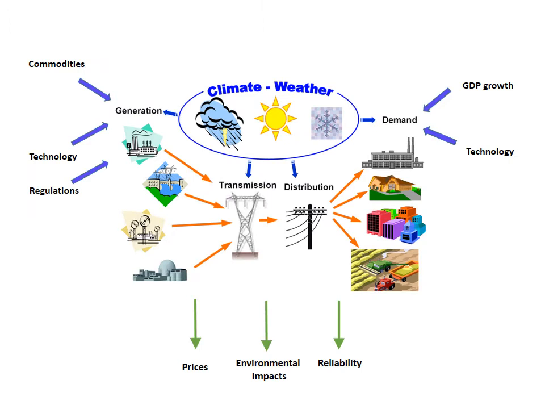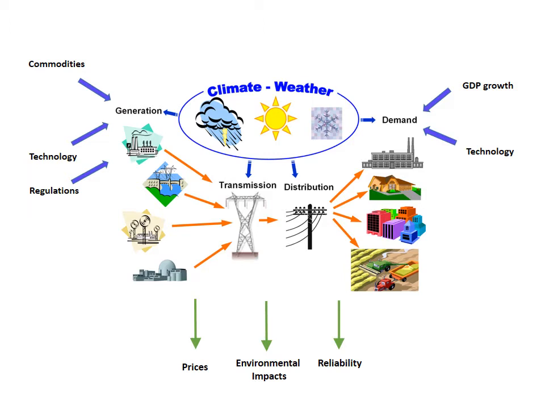So let's go back briefly to this figure that I've shown before, which just illustrates the complexity of electric power systems, not just on the physical infrastructure side of things, the relationship between generation and transmission and distribution and consumers or electricity demand, but also how macroeconomic conditions feed into things, commodity prices, GDP growth, changes in technology, also regulations.